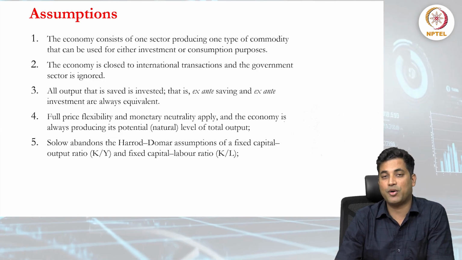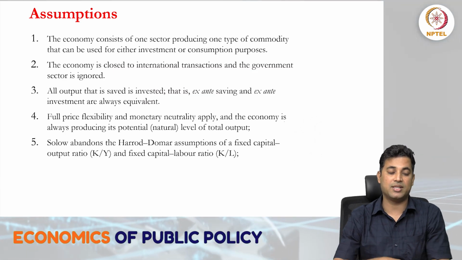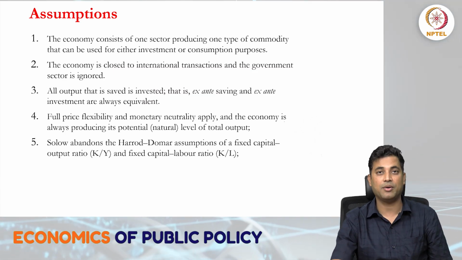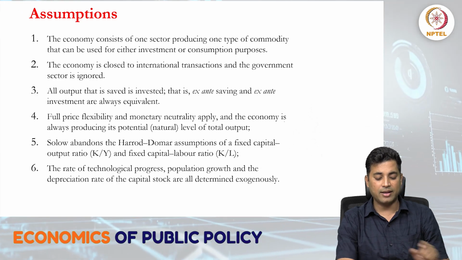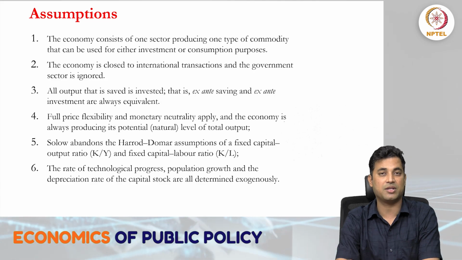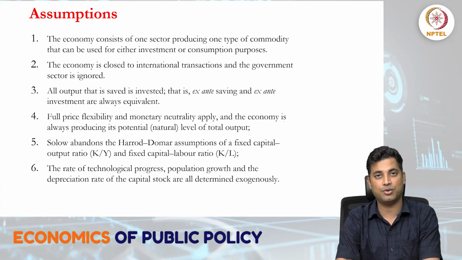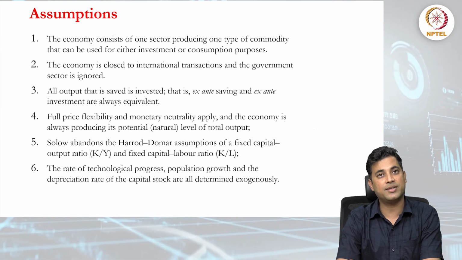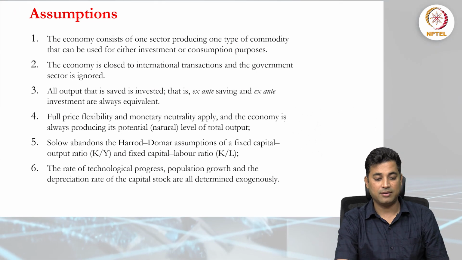But the Solow model did not consider these rigid or fixed. And the rate of technological progress, population growth, and the depreciation rate of the capital stock are all determined exogenously. So these are the broad six assumptions that the Solow model considered.